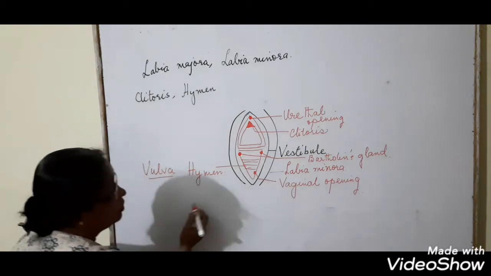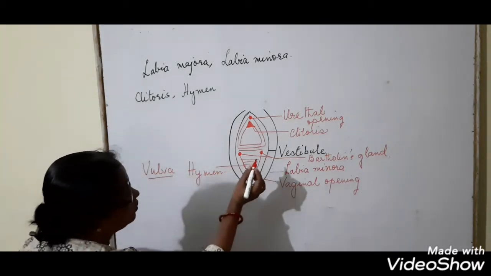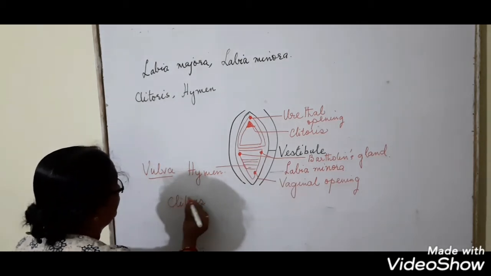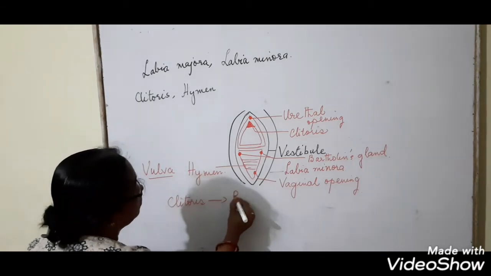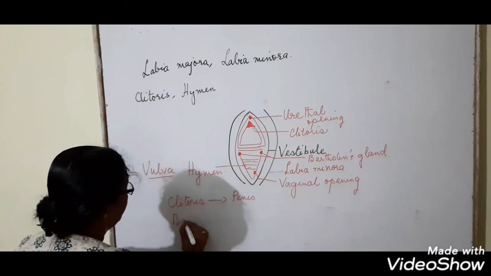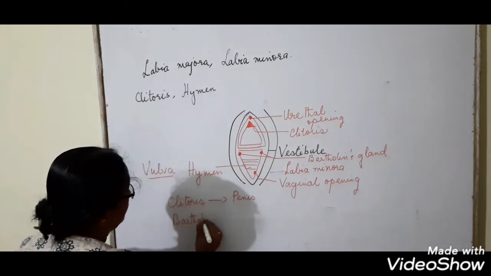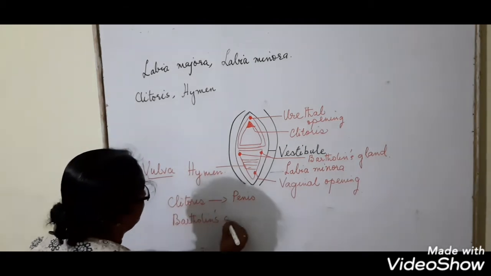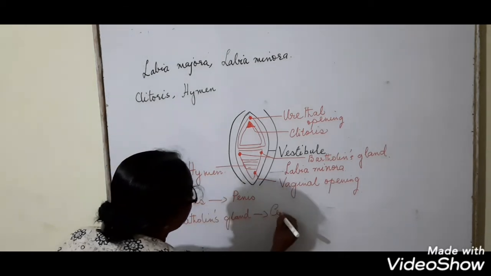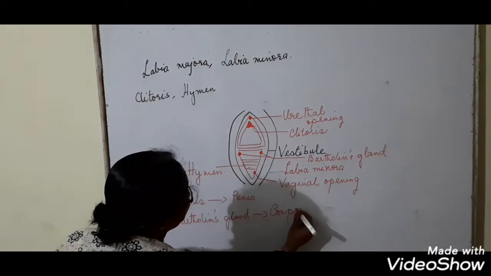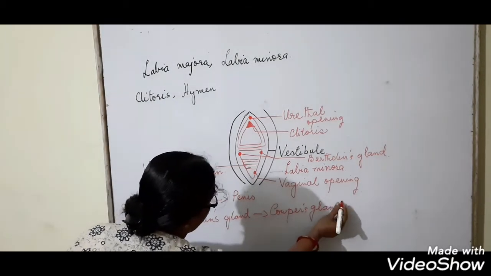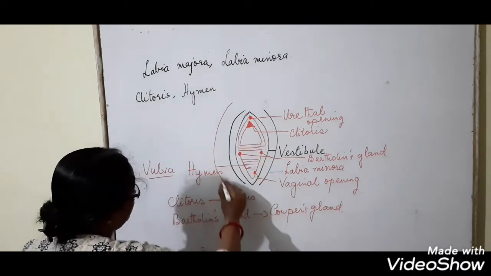So we now have two homologous structures: the clitoris is homologous to the penis, and the Bartholin's gland is homologous to the bulbourethral gland.